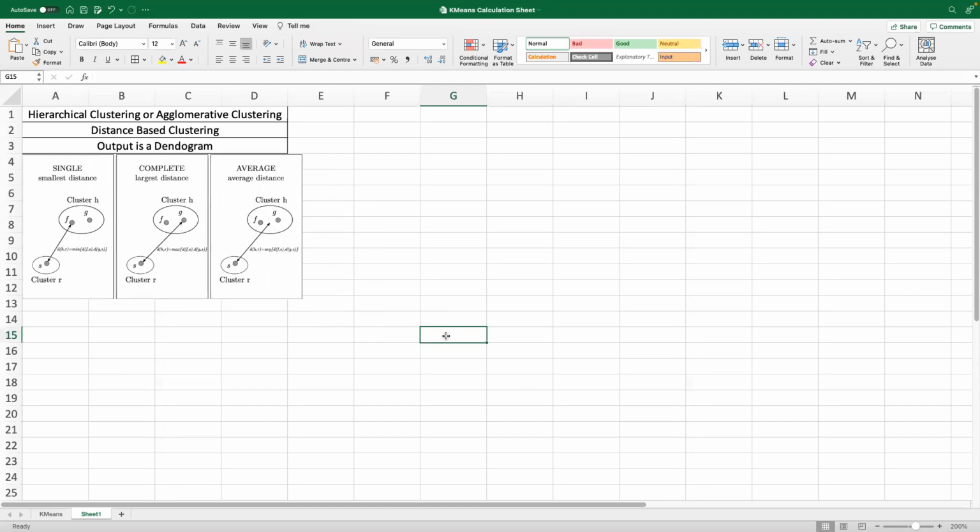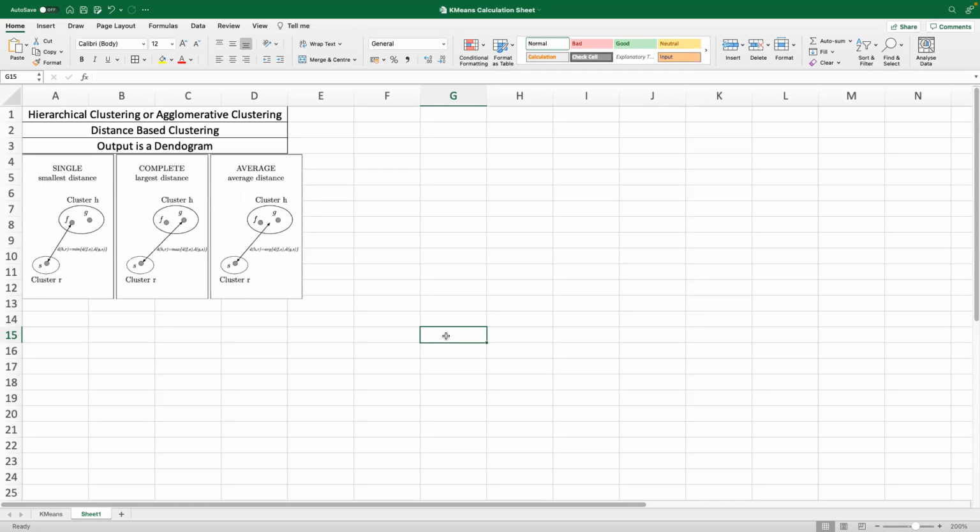Single is minimum distance, complete is maximum distance between two points, and average is where you take the average of the two points. So hierarchical clustering is also a distance-based method, but the way it does it differs. In K-means, we are taking the minimum distance.